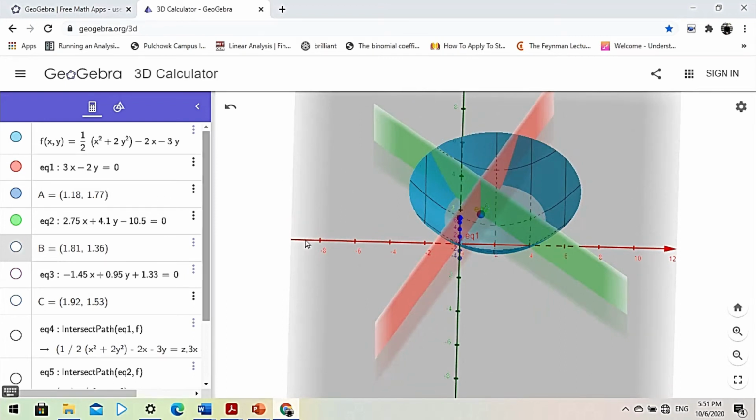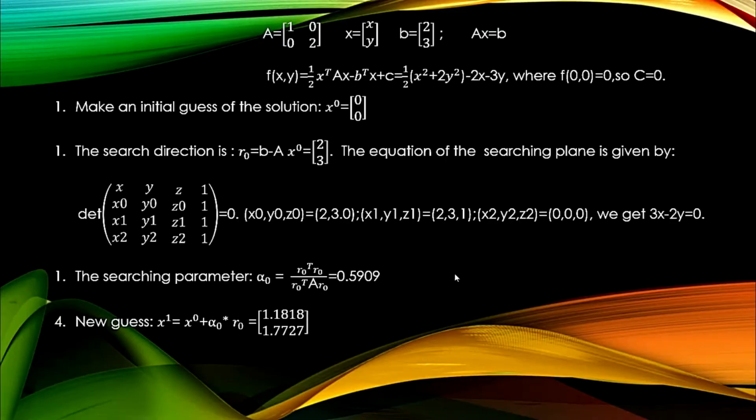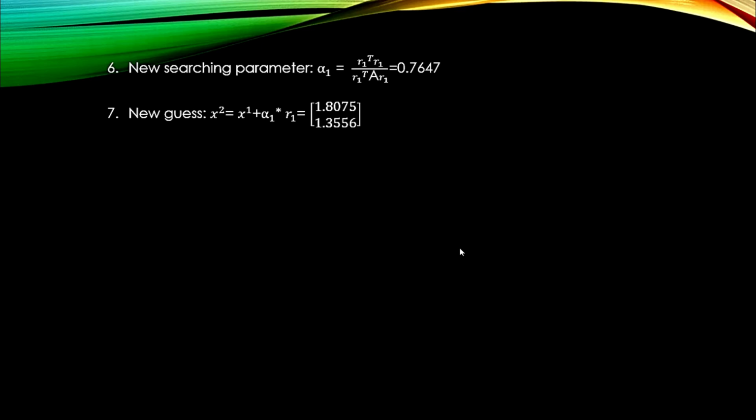And the new guess is calculated by calculating the parameter alpha 1 as we saw in the previous slide. The algorithm is the same here. After calculating alpha 1, our new minimizing point is x2 is equal to x1 plus alpha 1 times r1.